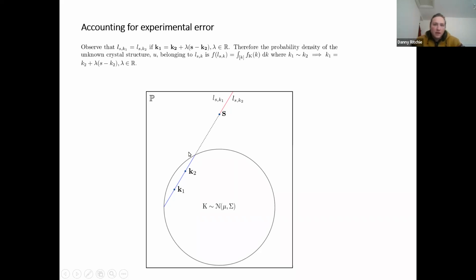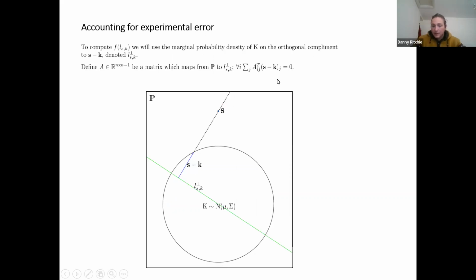We can describe this line just with an equivalence class on K, where K1 is equivalent to K2 if it can be reached by some vector from K to S. So we want to compute the integral over this equivalence class to get the probability density that U lies in this line segment LSK.